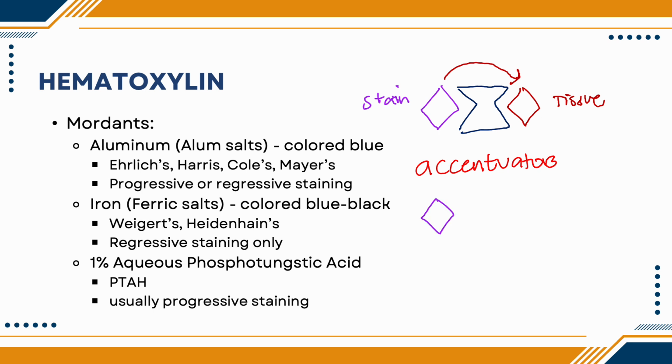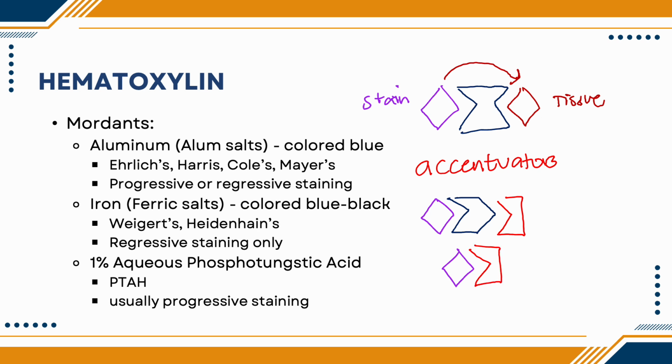So this is your stain, and this is your tissue. Now, with the presence of accentuators, it would actually make the reaction faster. But the stain does not need the accentuator in order for the reaction to proceed.